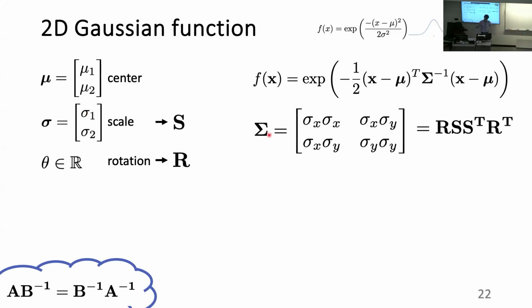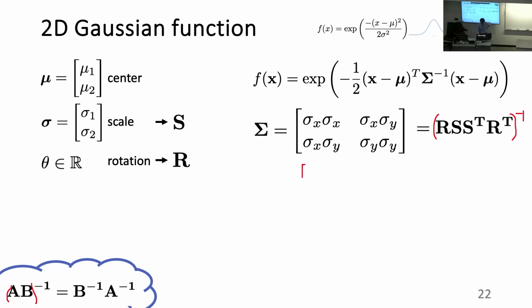And this also lets us be very efficient in computing the inverse without having to resort to any typical inversion schemes. If we remember that if A and B are two square matrices, then their inverse becomes B inverse and A inverse. If we apply that here, then we have R transpose inverse, which has a very nice property because it's orthogonal: rotation matrices have the property that their inverse is also their transpose.